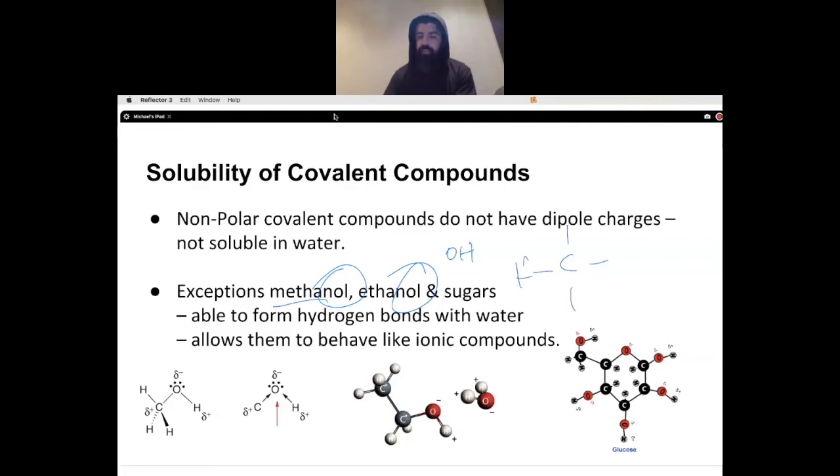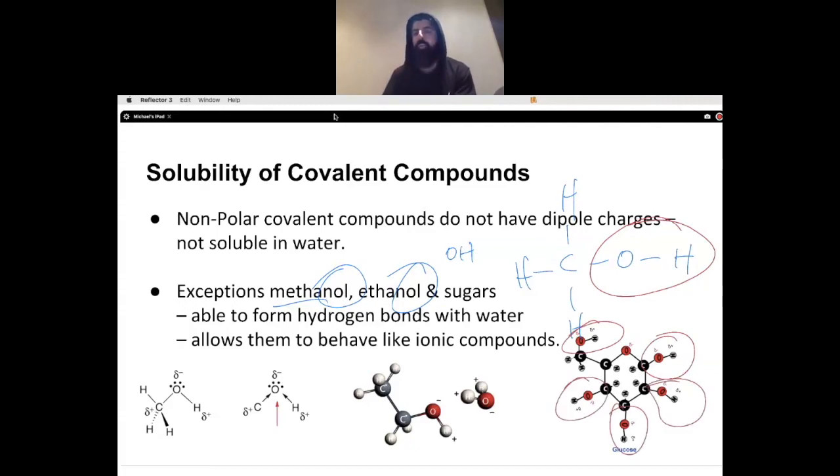So instead of H's on all four of the bonds around carbon, one of them will actually contain the OH, and this OH part is what will be the polar end. So these polar ends are what allow them to dissolve in water, because they can come into contact with water to allow for dissolving to take place.